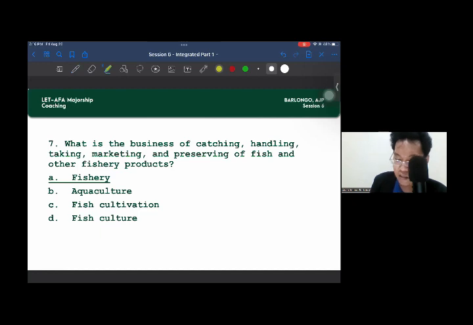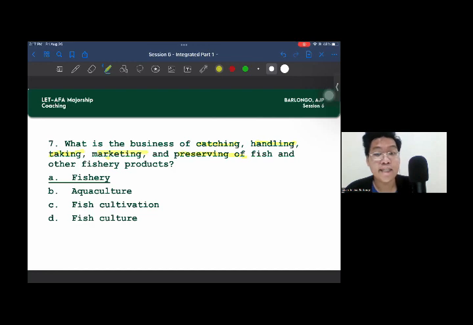So catching, handling, taking, marketing, and preserving of fish and other fishery products. So dun pa lang, you can opt to choose yung ating pinaka-general na answer, which is fishery. So fish cultivation and fish culture will be discussed when you watch yung ating recorded session on fisheries.